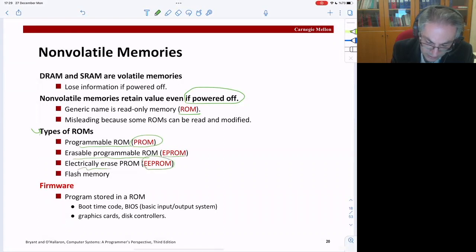This is the most common, where you can electrically erase the ROM, like the flash memory in your USB sticks, etc. Typically, the firmware on your computer, the BIOS and other things, is stored in a ROM, so that when you're booting things up, you have code that always resides in there.